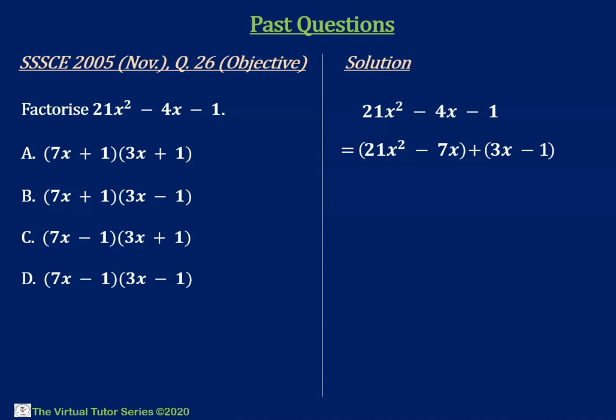The common factor of 21x squared and negative 7x is 7x. So the first group factorizes into 7x into bracket 3x minus 1 bracket closed. Again, the common factor of 3x minus 1 is 1. So the second group factorizes into 1 into bracket 3x minus 1 bracket closed.